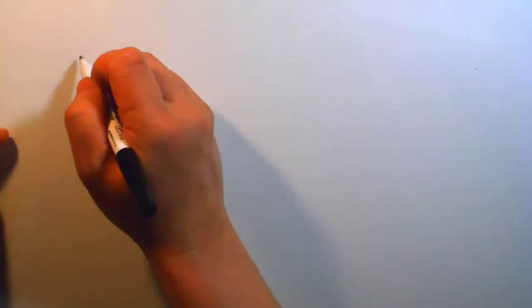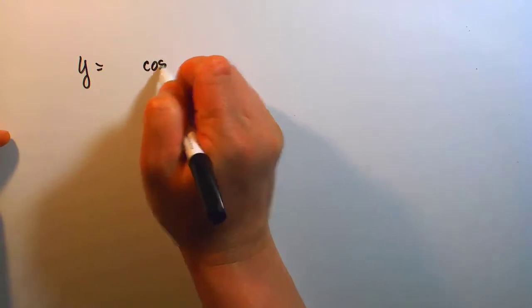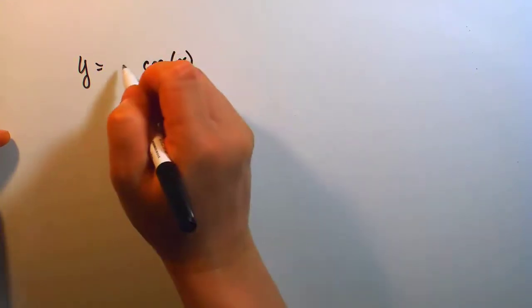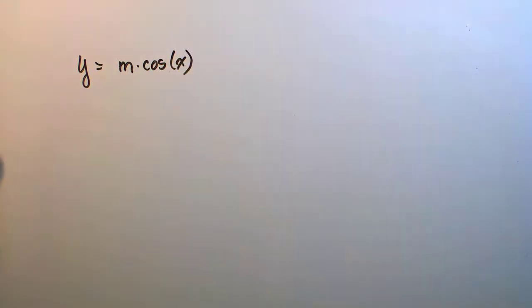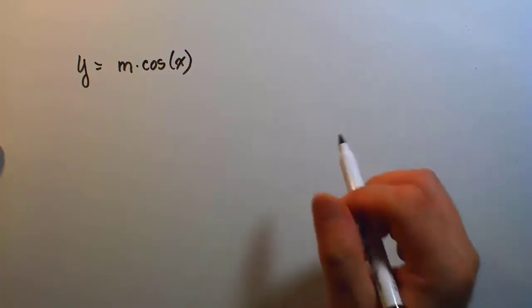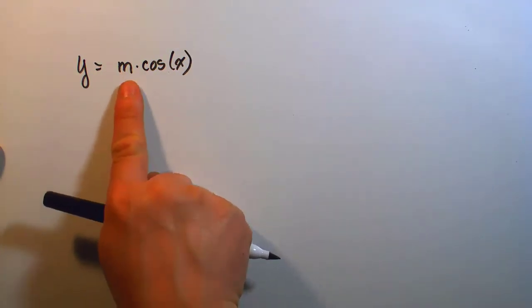And so now we can form another generality regarding our cosine function of x, but having some coefficient multiplied in front of the cosine of x function. Note that the coefficient m can be positive or it can be negative.